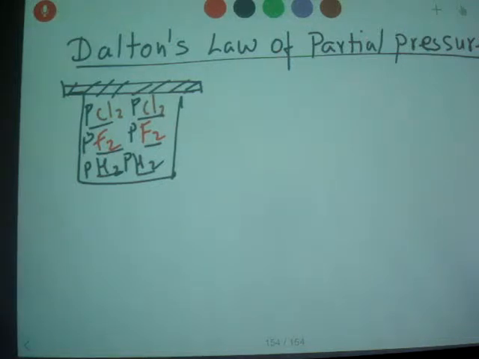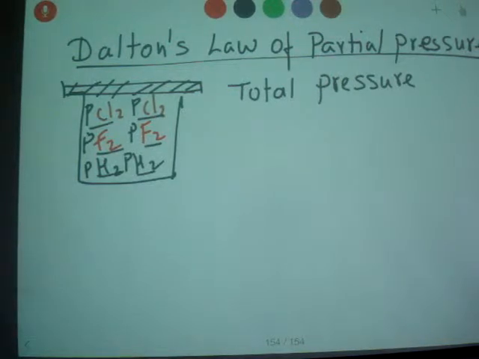So, what's the total pressure in the container? You add it all together: P1 plus P2 plus P3. Exactly.